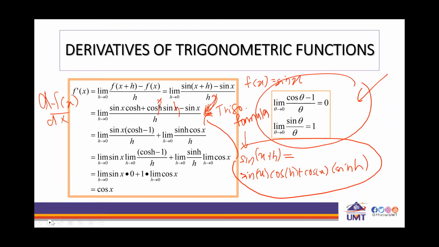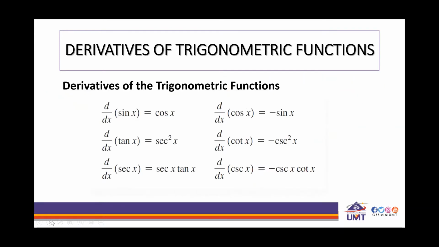Okay, next. Derivative of the trigonometric functions, right? So, given that d sin x over dx is equals to cos x, d cos x over dx equals to negative sin x, okay? This, I think this table, you can get it anywhere in the internet lah, over the Google lah, also over the textbook, right?